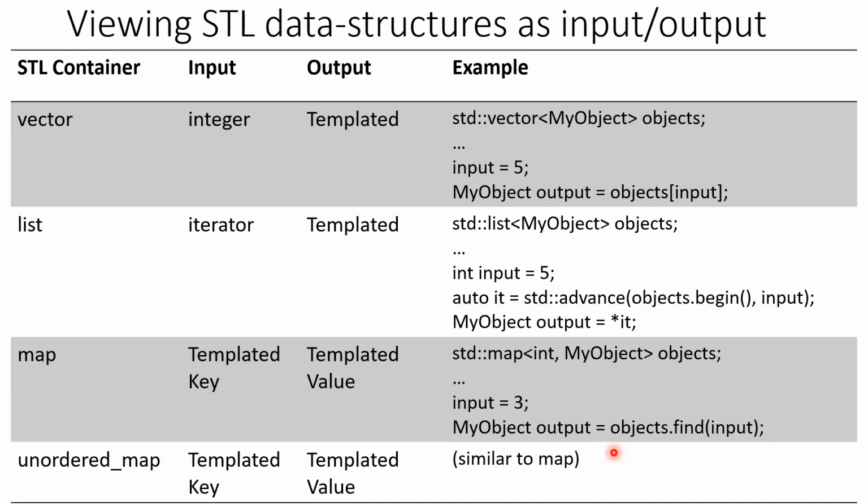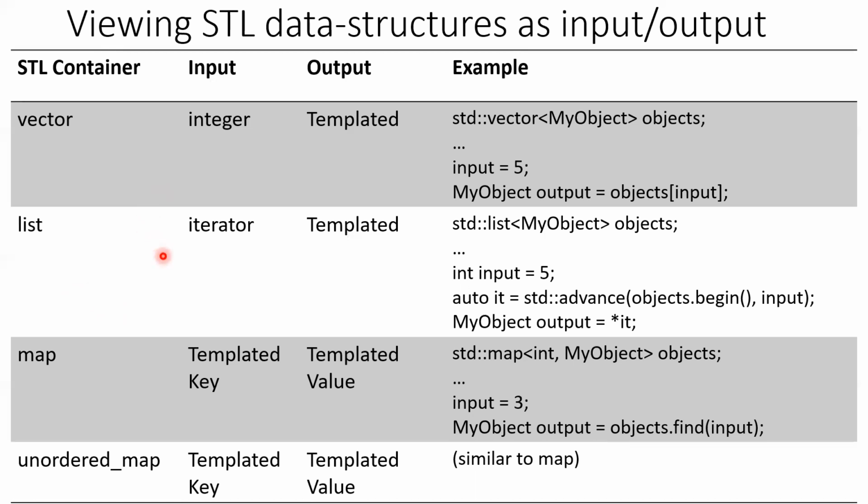And if we look at our STL data structures: vector, list, map, and unordered map. Vector takes in an input as an integer, which ranges from 0 to the size of the vector, and the output is templated.